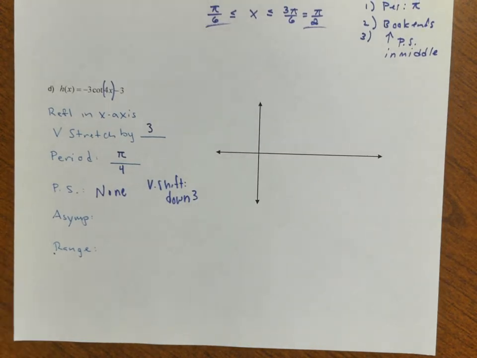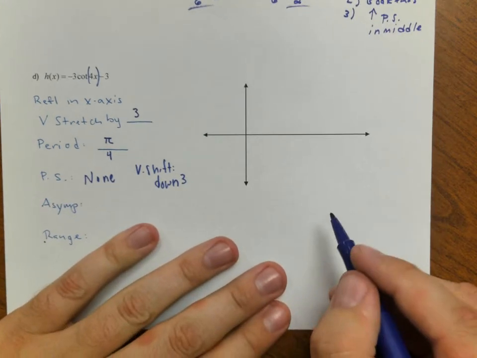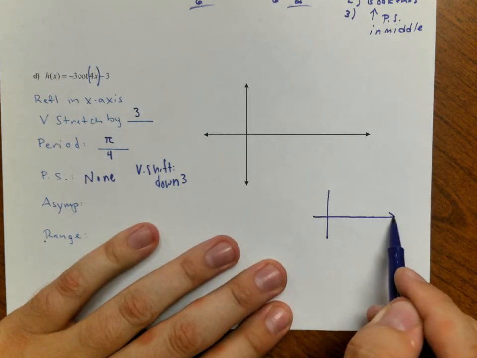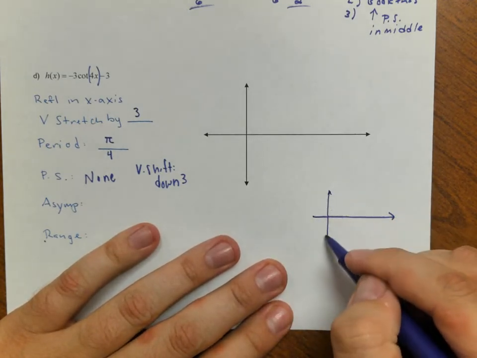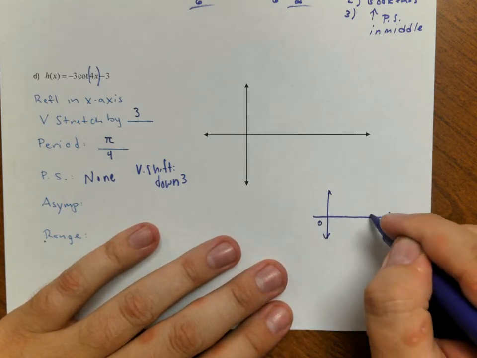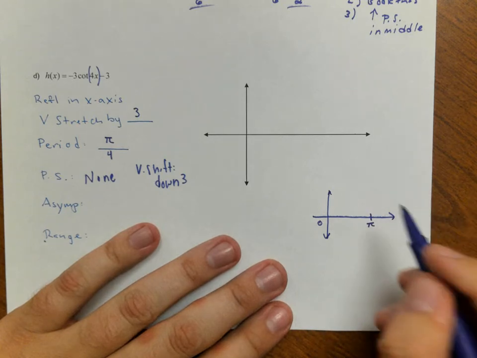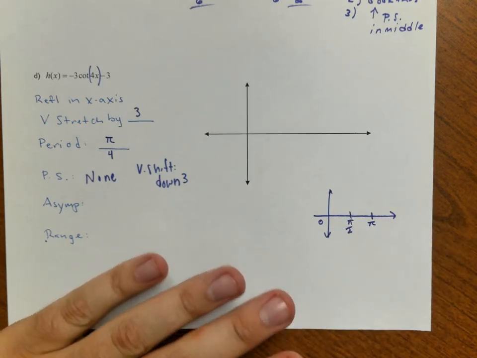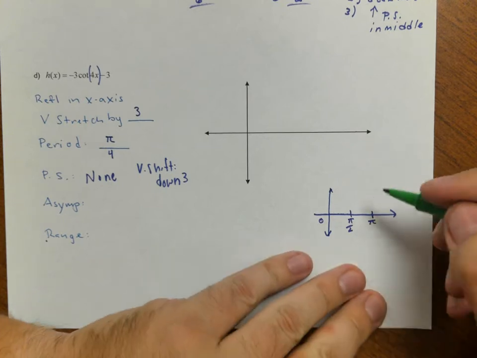All right. Cotangent and tangent, as I said, naturally the period is pi. Let's remind ourselves what our basic cotangent graph looks like, our parent cotangent. Well, for our parent cotangent, we go from 0 to pi over 2 halfway in the middle, pi over 4, 3 pi over 4 are other key points.